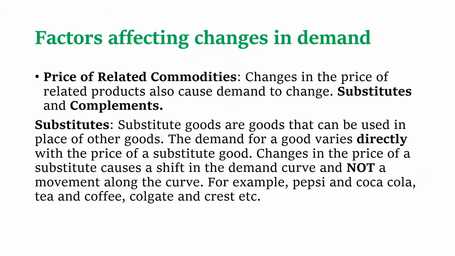So more consumers are going to buy Crest and fewer are going to buy Colgate because that price has increased. The demand for Colgate will fall. And what will happen to the demand for Crest? The demand for Crest will increase.